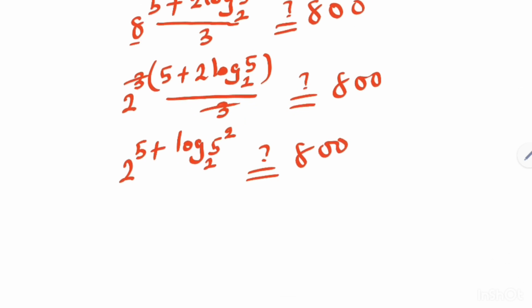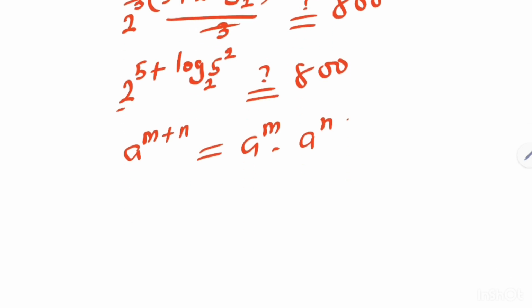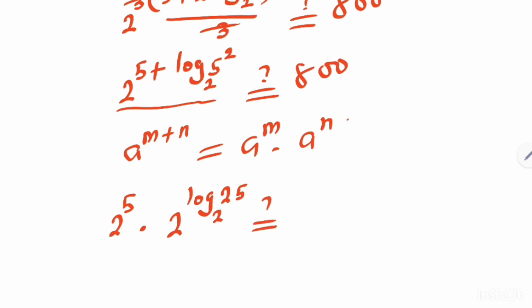If you have a raised to power m plus n, this is equal to a raised to power m multiplied by a raised to power n. Then this can be written as 2 raised to power 5 multiplied by 2 raised to power log 5 square, that is 25, base 2, must be equal to 800.